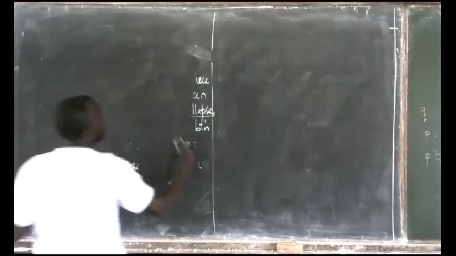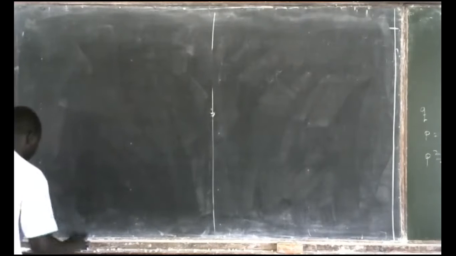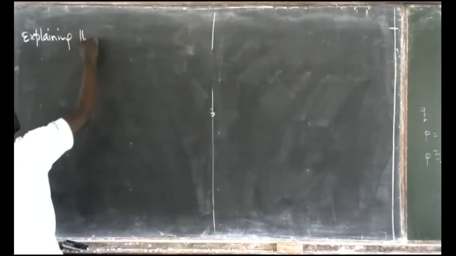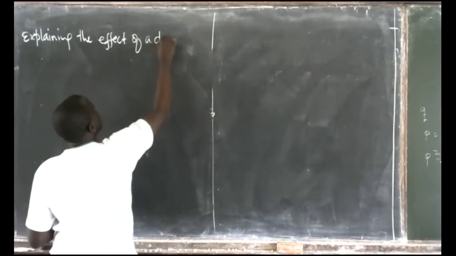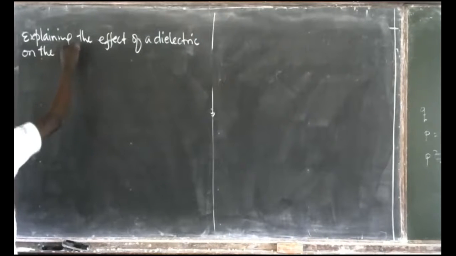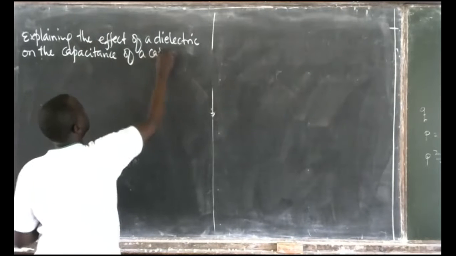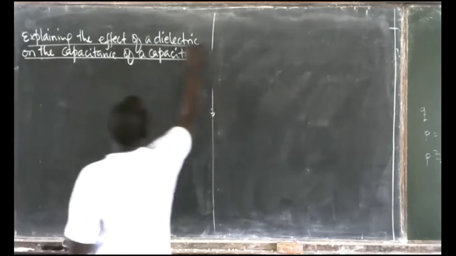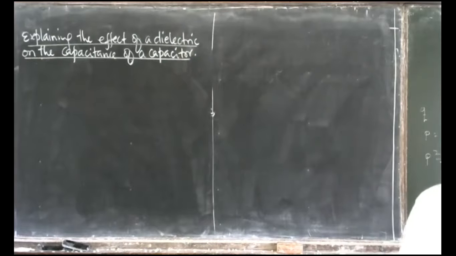Before we look at studying, doing the experiments using what we call the reed switch, let's first look at explaining the effects. Explaining the effect of a dielectric on the capacitance of the capacitor.